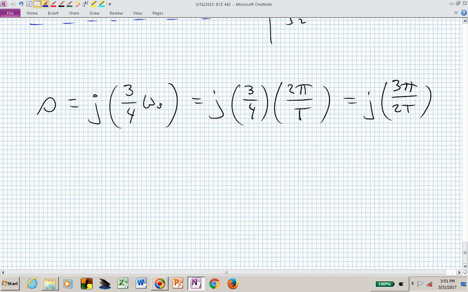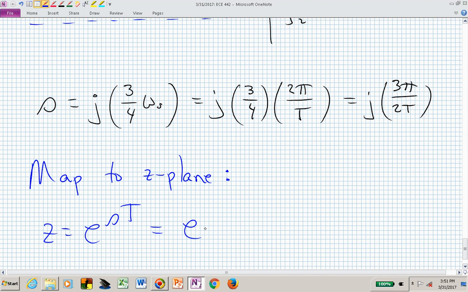So now if we map that through our relationship, z is equal to e to the sT, then this is now e to the, and now s is j 3 pi over 2T, and that's times T, so that now the T's cancel, and we see we're now at e to the j 3 pi over 2.